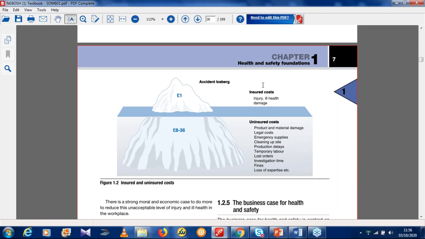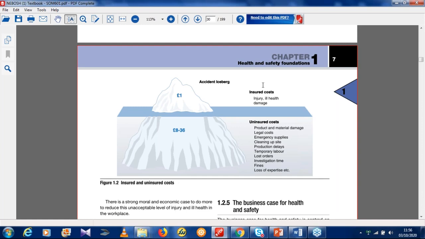When we talk about insured costs, we are looking at the costs that, for instance, there is already a covering for, there is already a plan for in case it occurs. You understand? Some of us carry out comprehensive insurance for our vehicles, but many of us do third-party insurance for our cars.